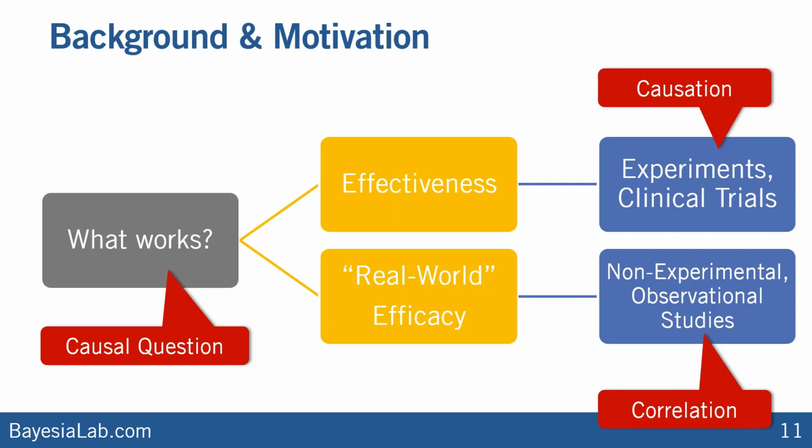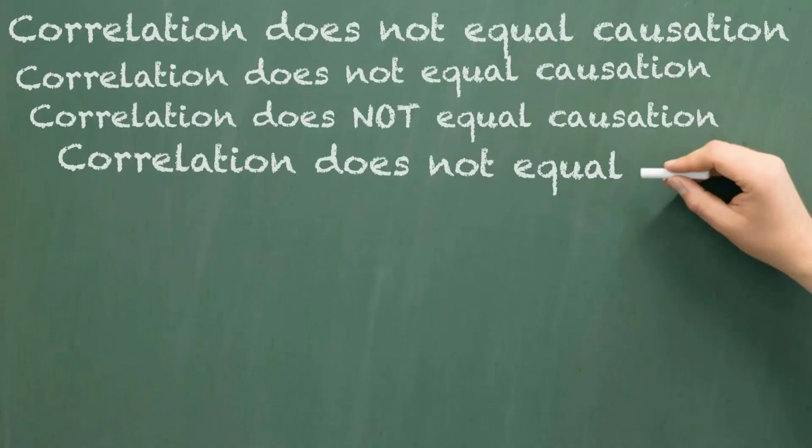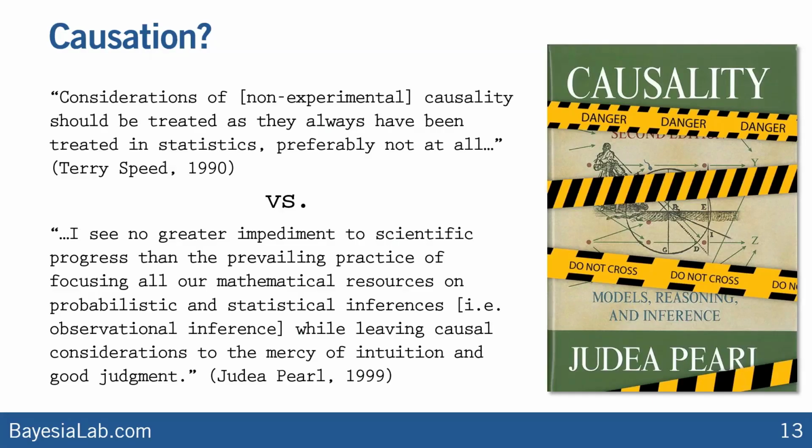The problem we are facing today is real-world efficacy. Why? Because we can only observe the real world, and observational studies can only produce correlations. And we all grew up with this mantra, correlation does not equal causation. We hear it over and over again. We probably say it, sometimes we may ignore it, but if there is such a thing as a consensus among scientists, that has been one for a very long time, and I'm quoting here Professor Terence Speed. At the time, I think he was director or president of the American Biometric Society.